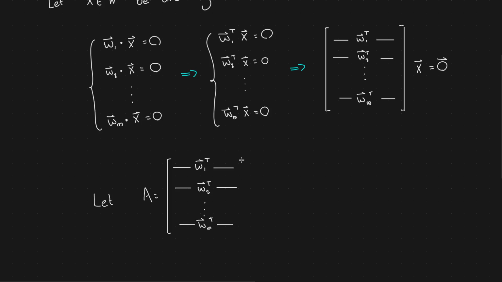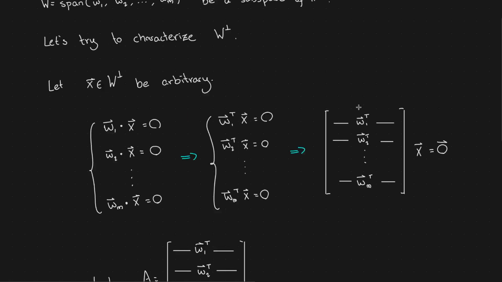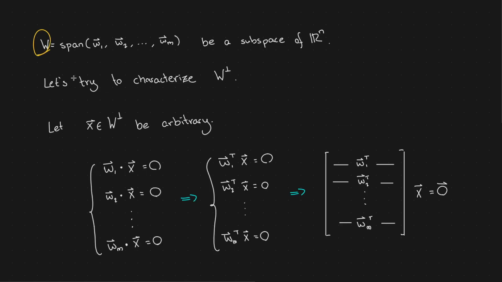What we are observing here is that, first off, the row space of A is exactly equal to W, because W is just the span of these vectors, and these vectors are the rows of the matrix.